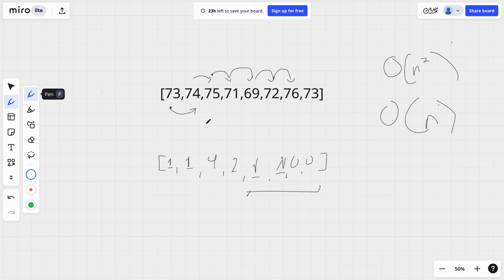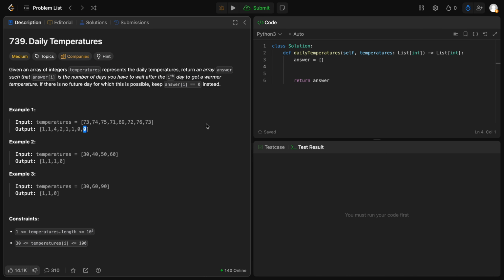Would this involve some two-pointer solution as well? Let's read the question again. Given an array of integers, temperatures represents the daily temperatures. Return an array answer such that answer i is the number of days you have to wait after the ith day to get a warmer temperature. If there's no future day for which this is possible, keep answer i equal to 0 instead.